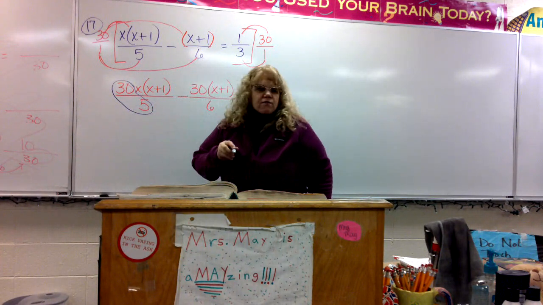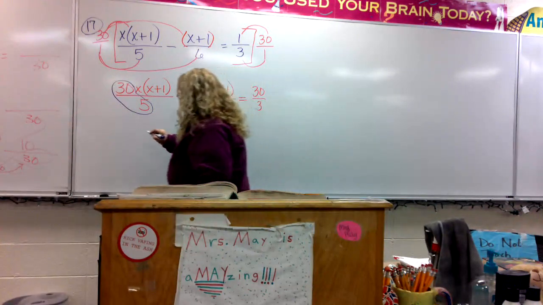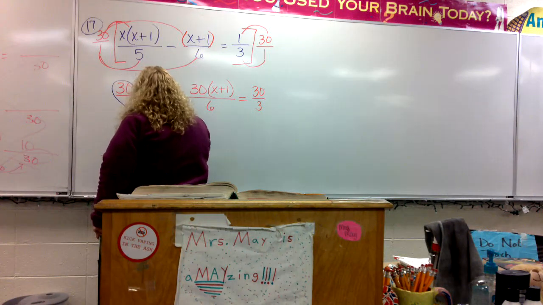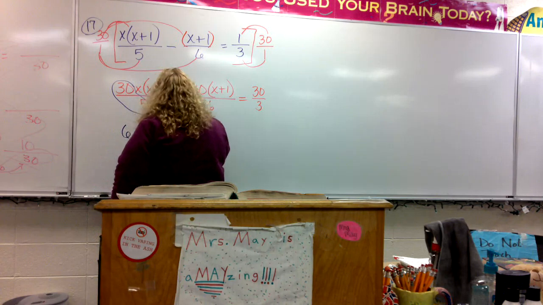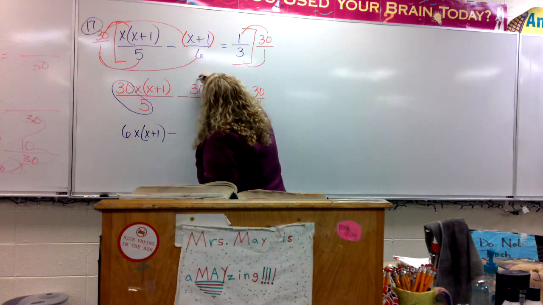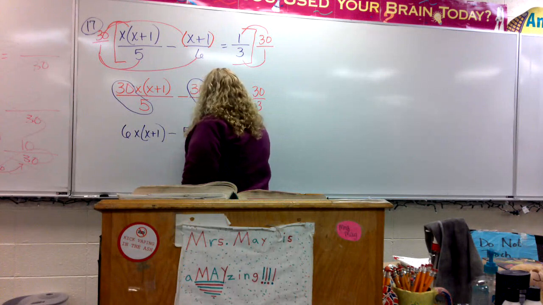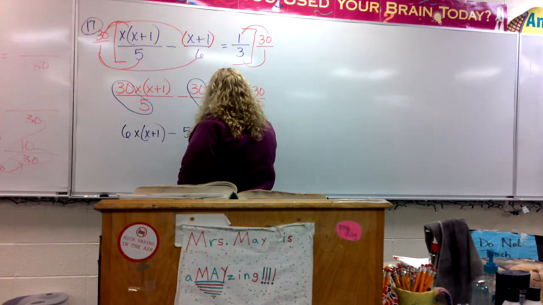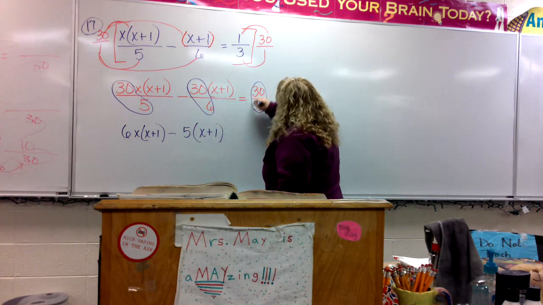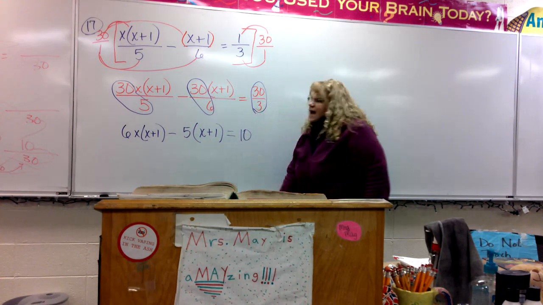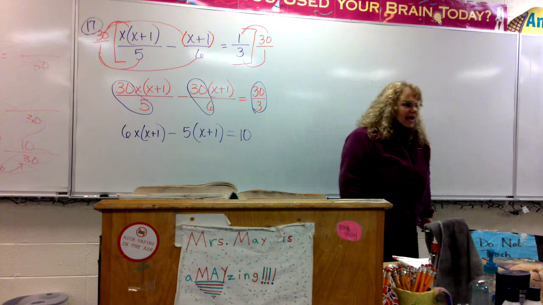What is 30 over 5? 6. And then an x plus 1. What's 30 over 6? 5. What's 30 over 3? And look at that. Now I have no fractions.